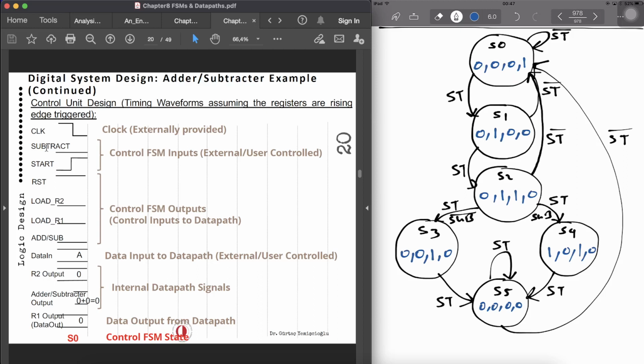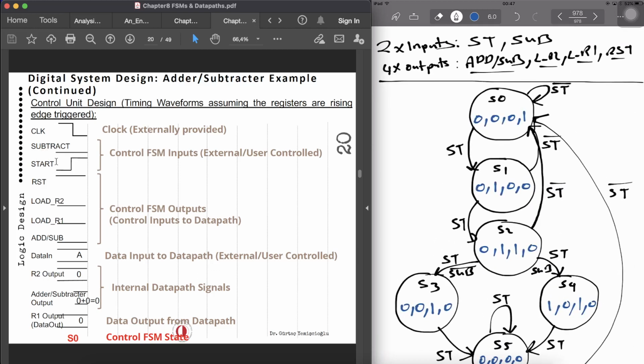The clock, subtract, and start are the external control inputs that we already have defined over here. And the reset, load R2, load R1, add, subtract are the outputs that the control unit is generating.